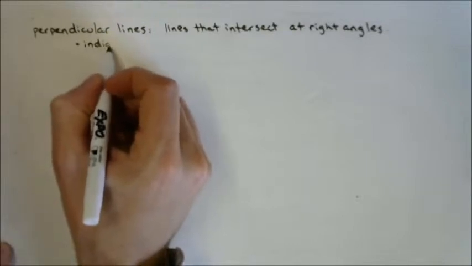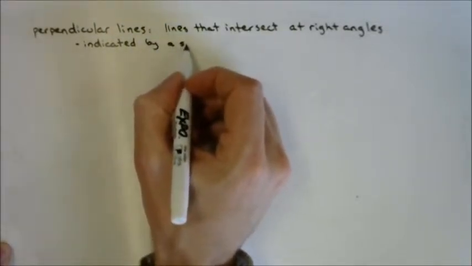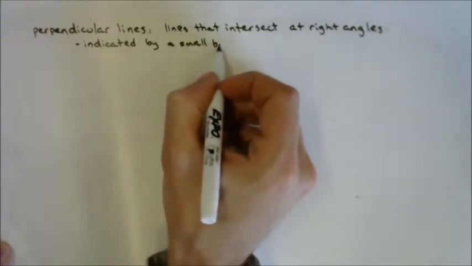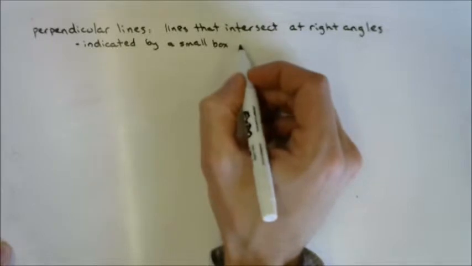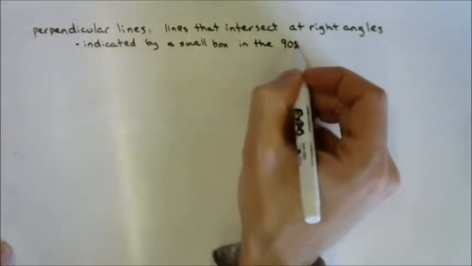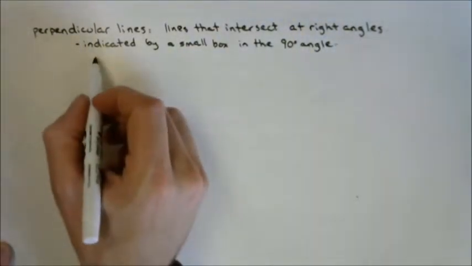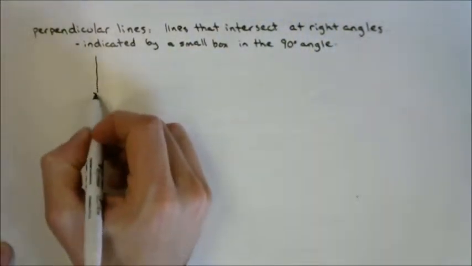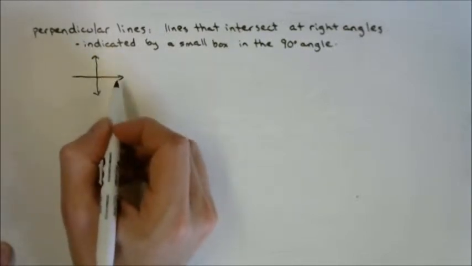Indicated by a small box in the 90-degree angle. Okay? So our little diagram. You have a few more notes here, so make sure that you are leaving space.